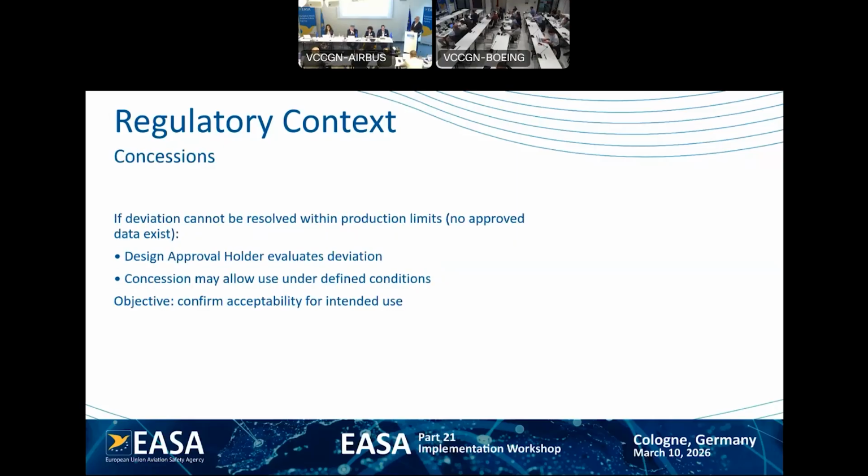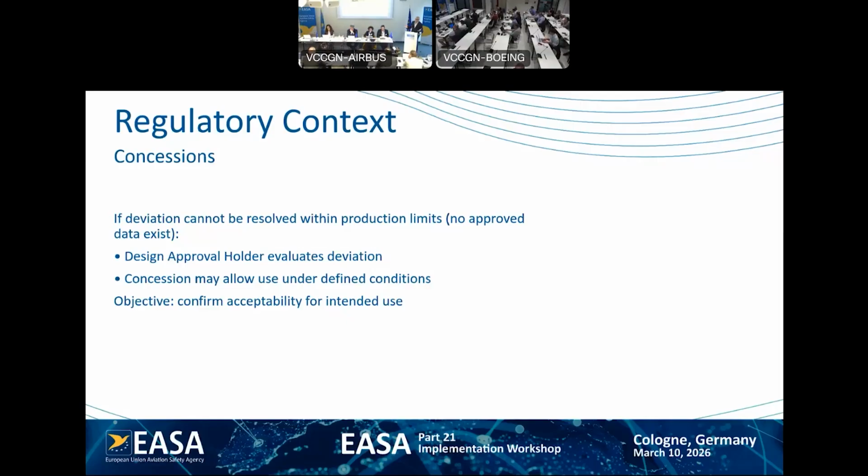And of course, as we have seen before, if the non-conformity cannot be addressed within the production environment, a concession request must be submitted to the attention of the design approval holder or applicant. And the design approval holder evaluates, and it may allow use of the part that is not conforming under defined conditions.